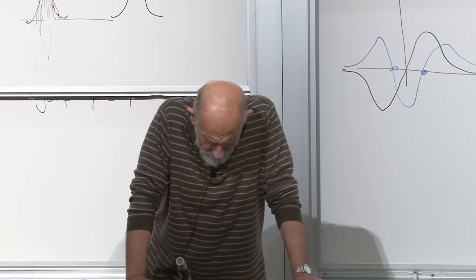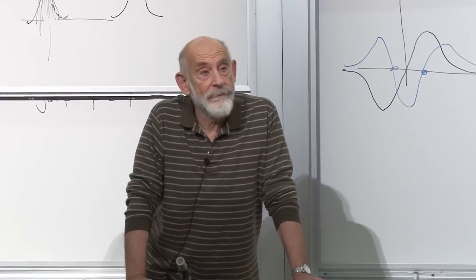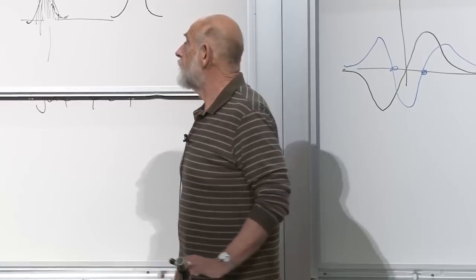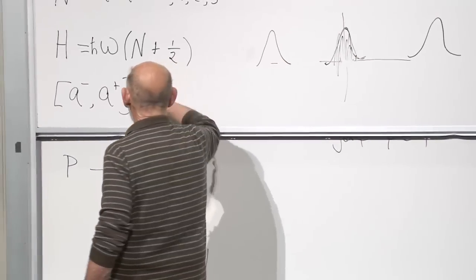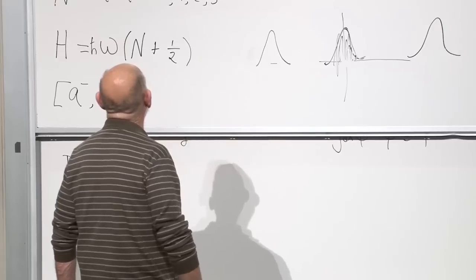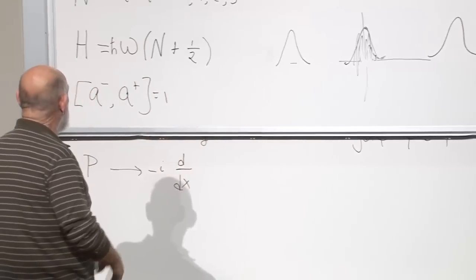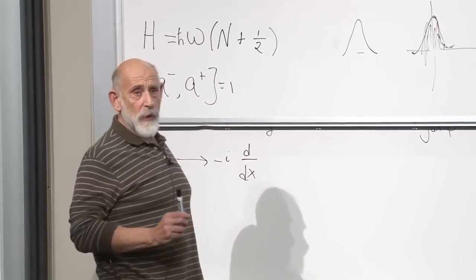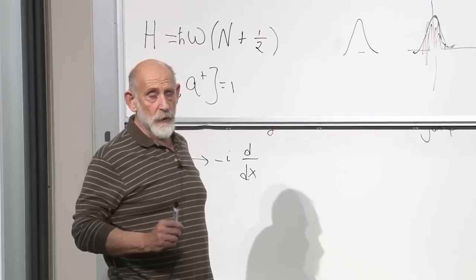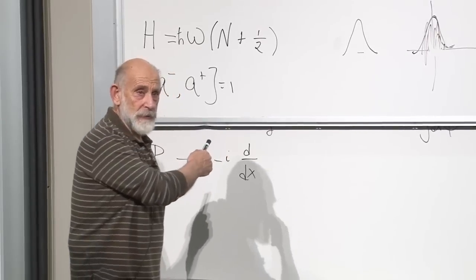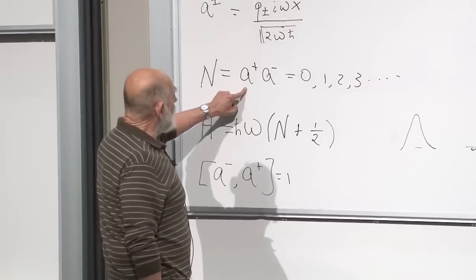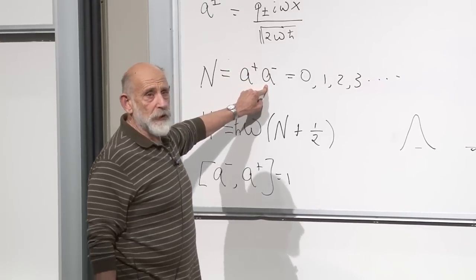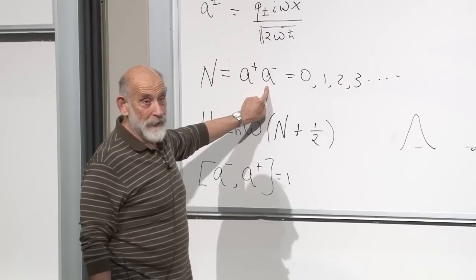Right. Question. In the Hamiltonian you wrote originally, in the upper left, is the normalizability already implicitly contained in it? I'll tell you where it's assumed. It's assumed in the fact that A plus and A minus are Hermitian conjugates of each other.